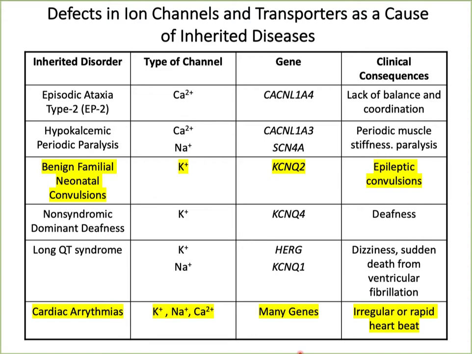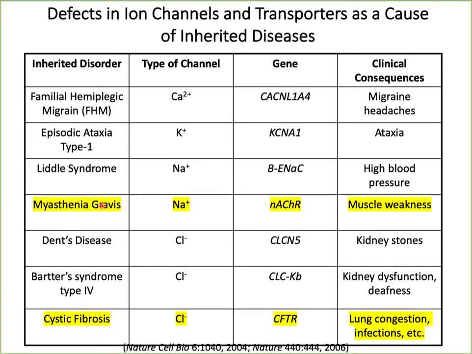For example, there is a large class of inherited cardiac arrhythmias that occur due to mutations in genes that encode potassium pumps, sodium pumps, or calcium pumps. There is another inherited disorder known as benign familial neonatal convulsions, which results from non-functional potassium pumps. Myasthenia gravis, which you have heard about, is caused by a mutation in a gene that encodes a sodium pump.